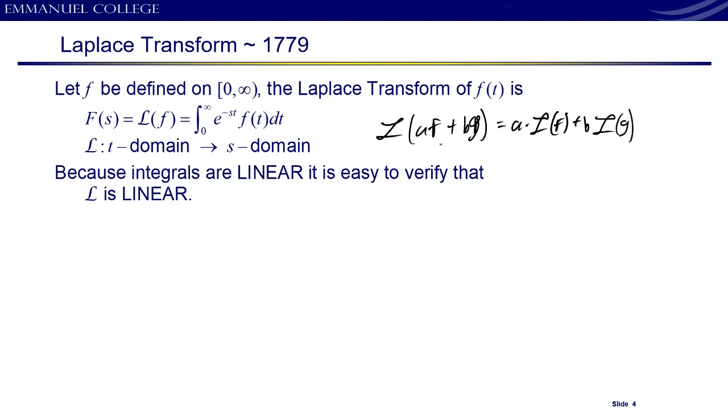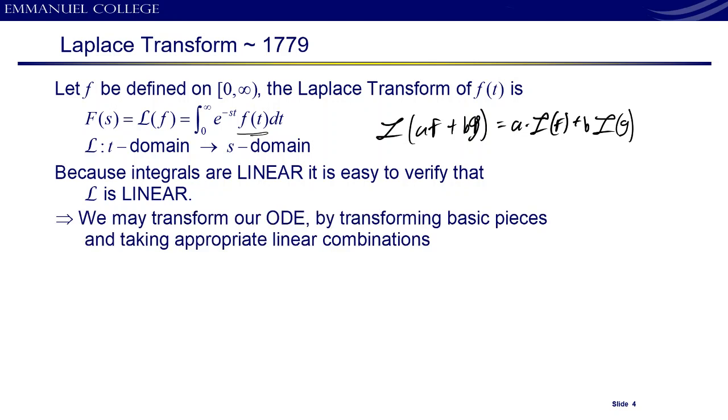And if you were to plug af plus bg into this equation, it would be very easy to see how you're able to factor it and use the easiness of integration already being linear. So we're going to, kind of like we did before, if it was too difficult to deal with all as one whole, break it up into different components.